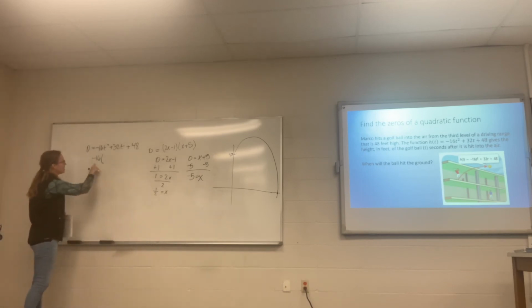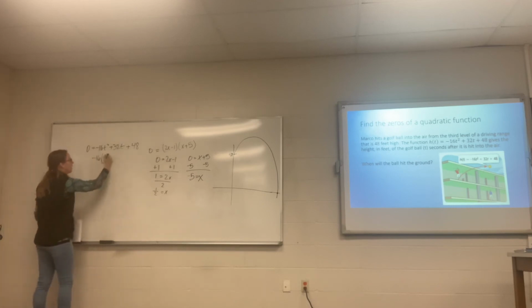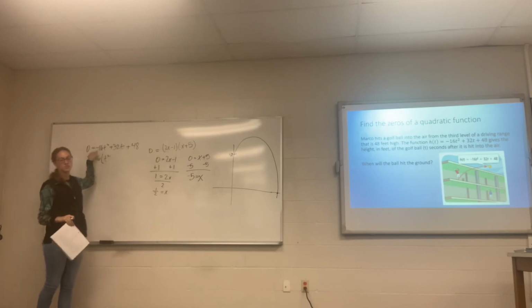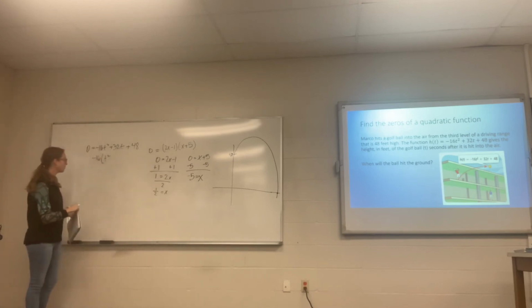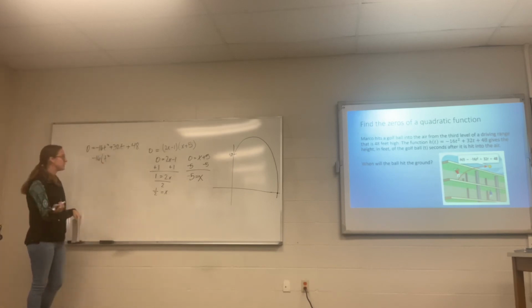If I take negative 16 out of negative 16t squared, I would just be left with t squared, because negative 16 times t squared gives me negative 16t squared. Over here, negative 16 times something needs to give me 32t.